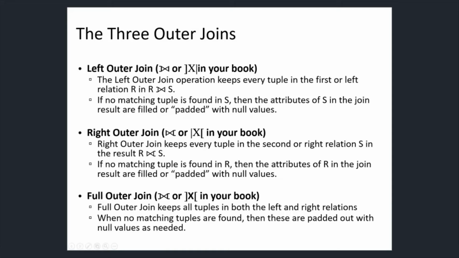And then finally, the full outer join. For a full outer join, it's basically a combination of both the left and the right outer join, and therefore keeps null values in both relations, in the left and the right relations.